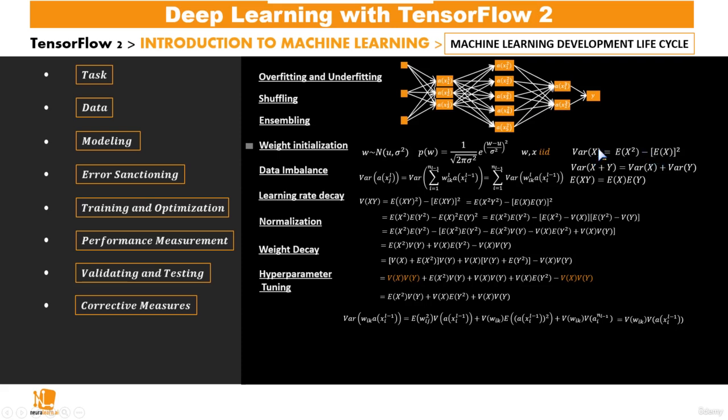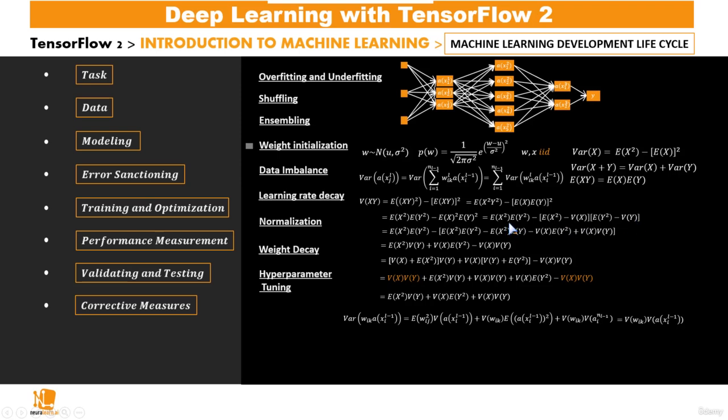So if you take this to the left side and the variance to the right side, you will have expectance of x square minus variance of x, and that's why we now have this relationship right here, where we replace expectance of x all squared with expectance of x squared minus variance of x. It's coming from this. And similarly, we have expectance of y squared minus variance of y.